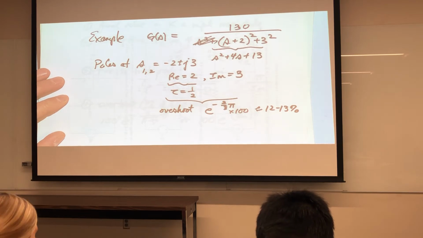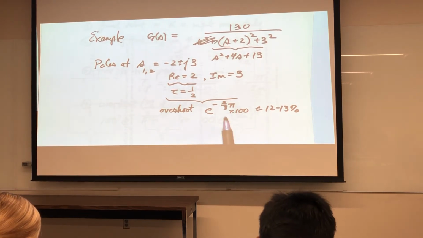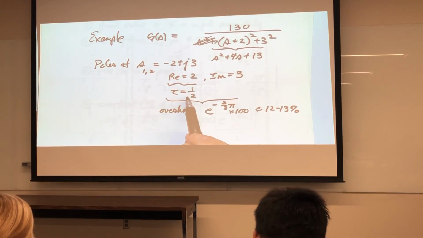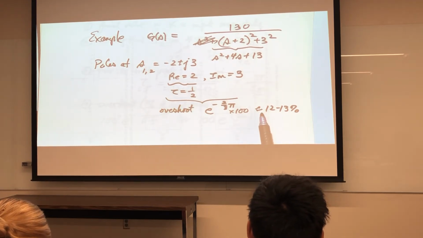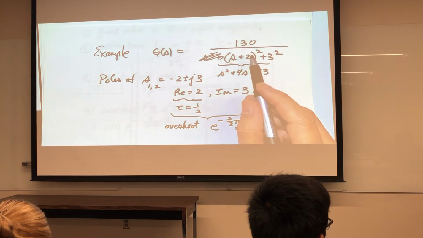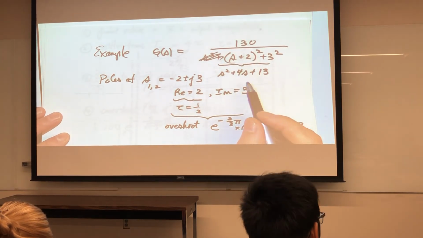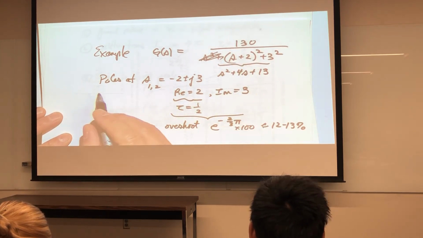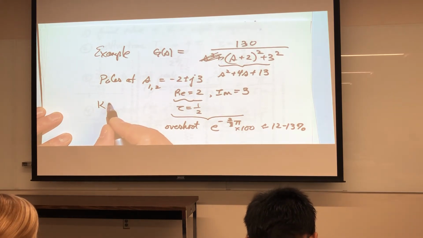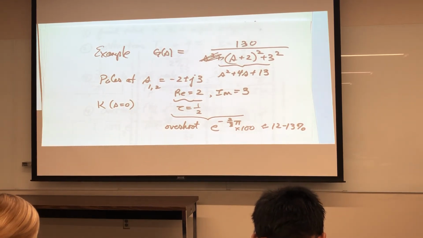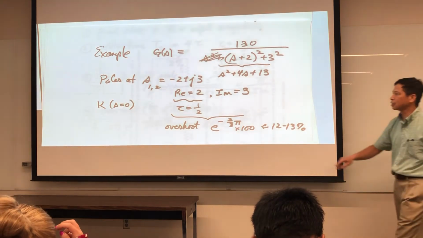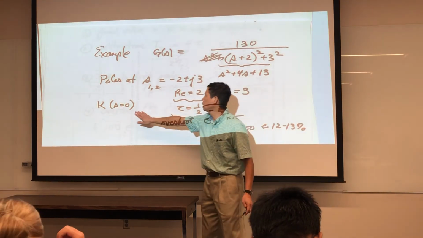Okay. So let's see, what else can we get? We know the time constant, so we get an idea how quickly it takes to decay. We know how big the overshoot is. Another thing we can get is the gain K. I let s go equal to 0 because it's the DC gain.